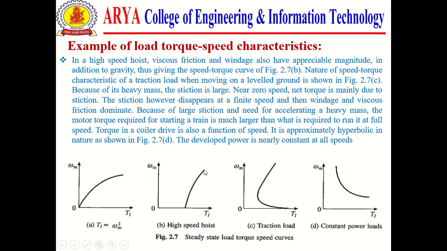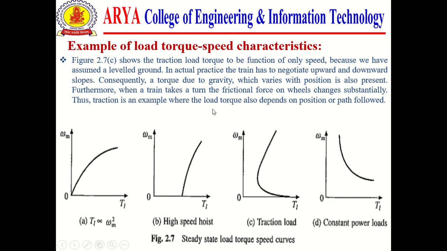Here we also see another figure showing the high speed hoist and then the traction load. Figure 2.7c shows the traction load torque as a function of speed only, because we have assumed level ground. In actual practice, the train has to negotiate upward and downward slopes.